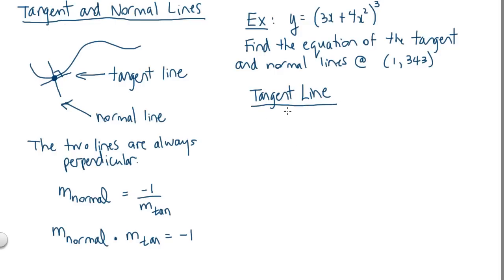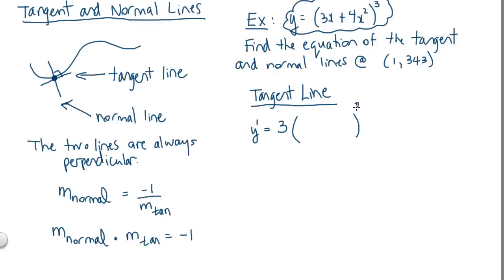So the first thing we should do here is figure out the slope of the tangent line, and remember that that comes from the derivative. So let's find y prime, or in other words, the derivative of y with respect to x. Well, we've got a chain rule going on here. Our outside function is the function that raises this quantity to the third power. So let's deal with that cube first. The 3 is going to come down in front.